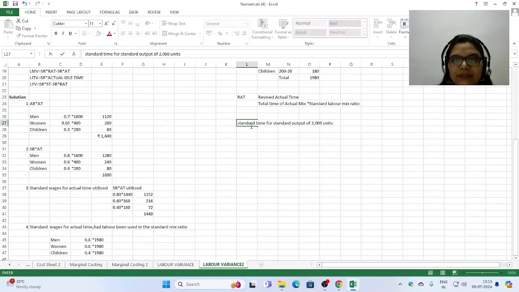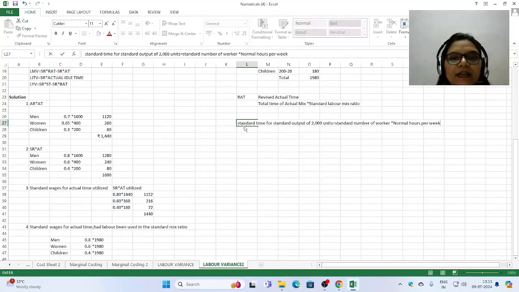That is, standard number of workers multiplied by normal hours per week.